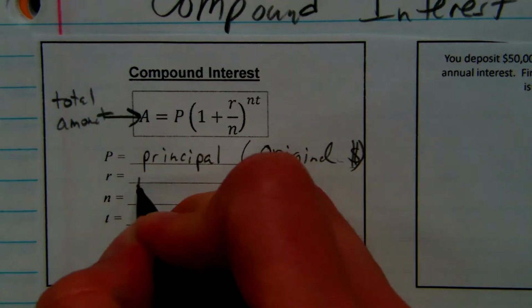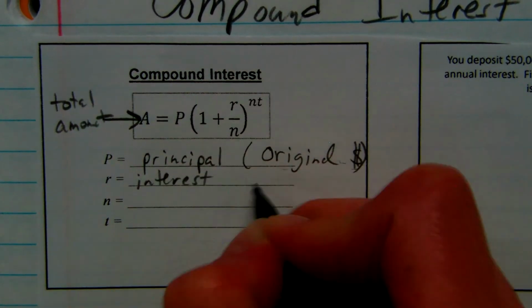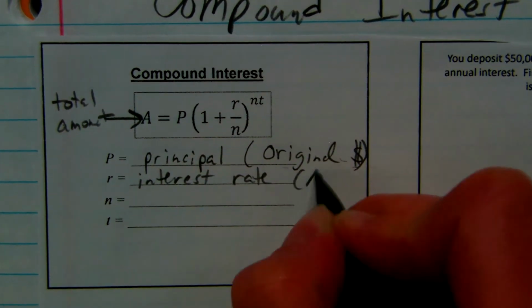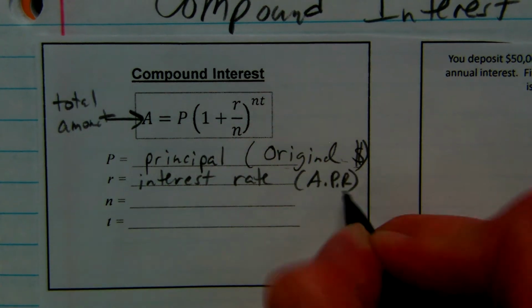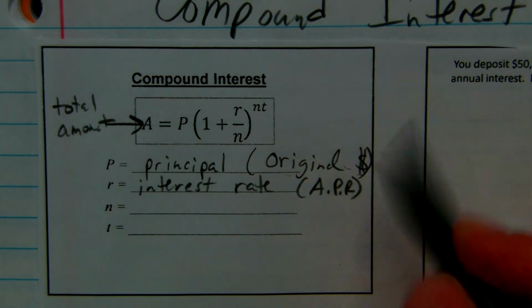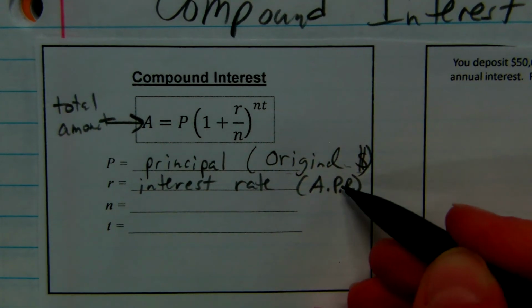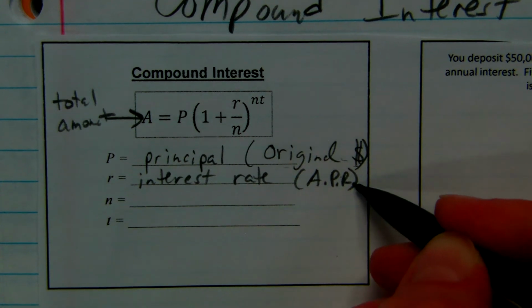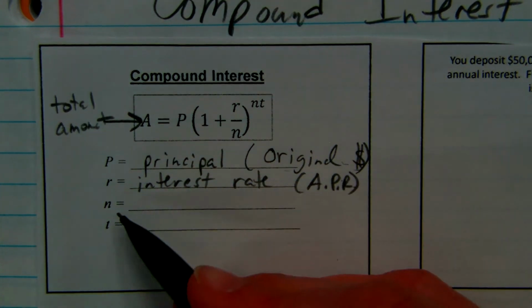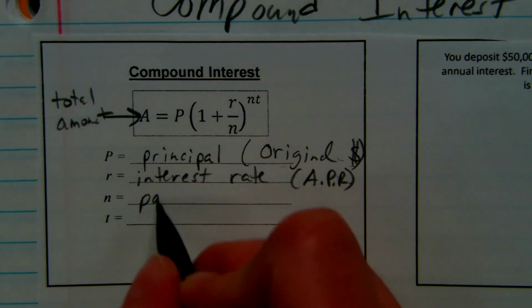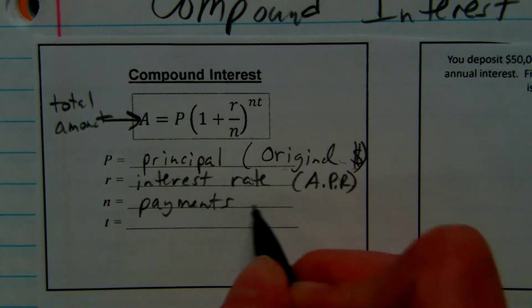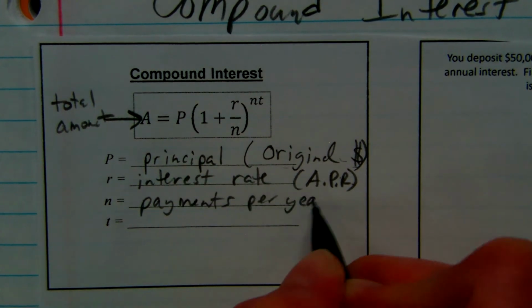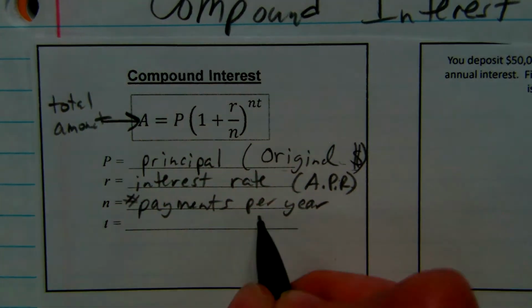R is your interest rate, and a lot of times you'll hear that talked about as the APR, the annual percentage rate, okay? Then N is your payments per year. I should put number. It's the number of payments per year.